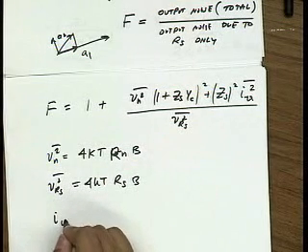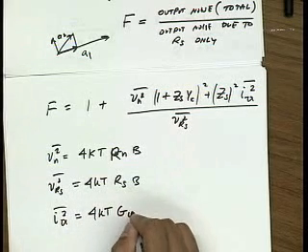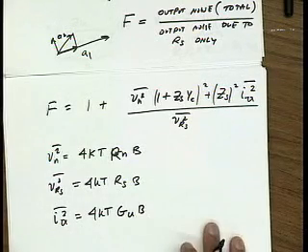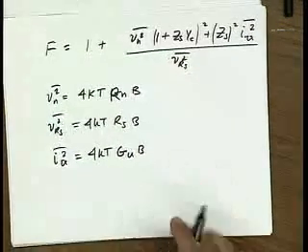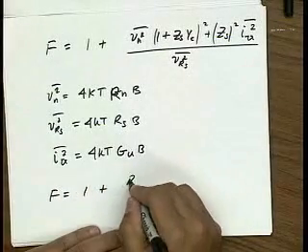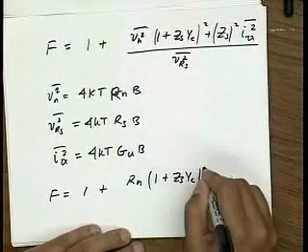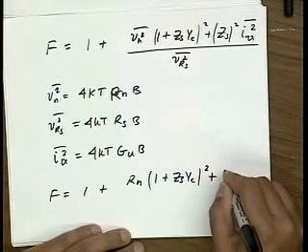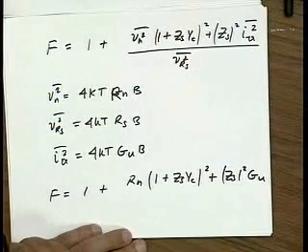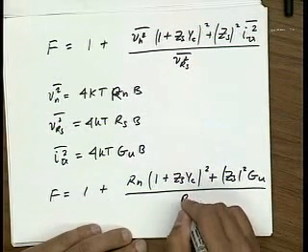The noise of this uncorrelated current source, I can say, is 4kT Gu b. Okay, and I substitute in these equations, so F becomes 1 plus Rn times |1 + ZS YC| squared plus ZS squared Gu, divided by Rs.